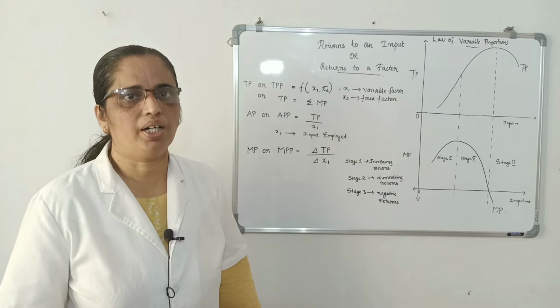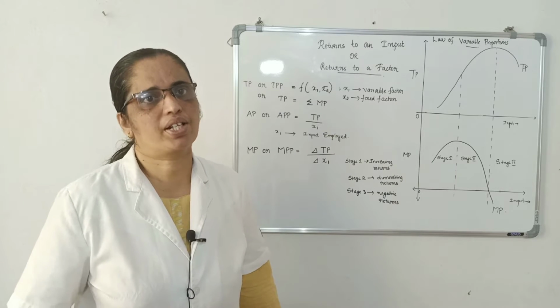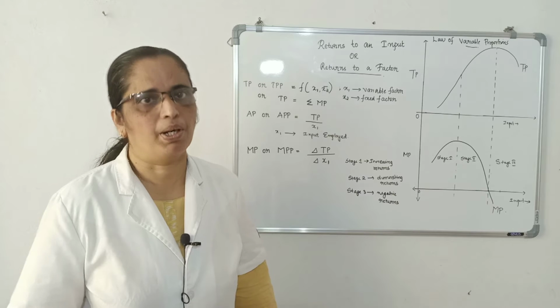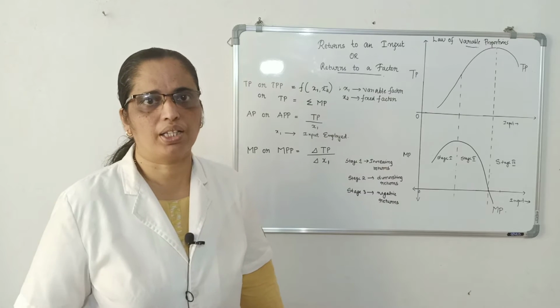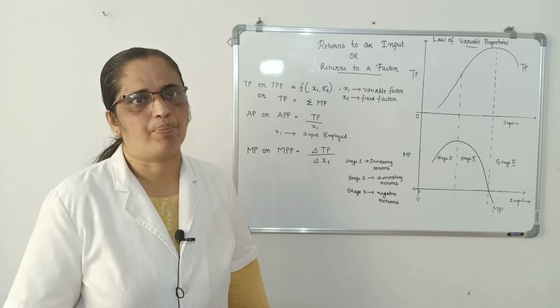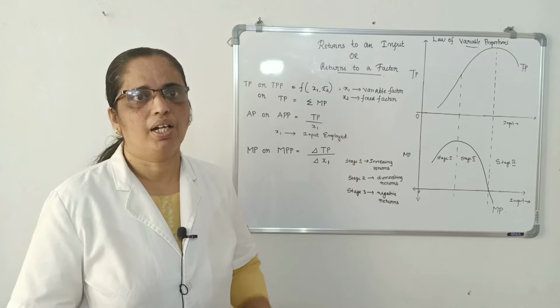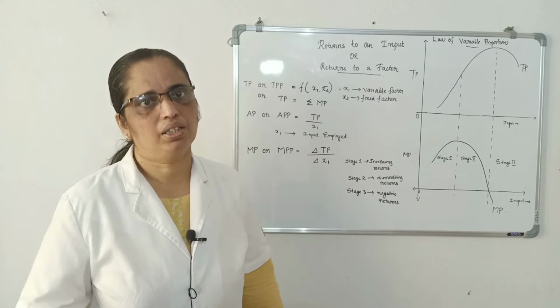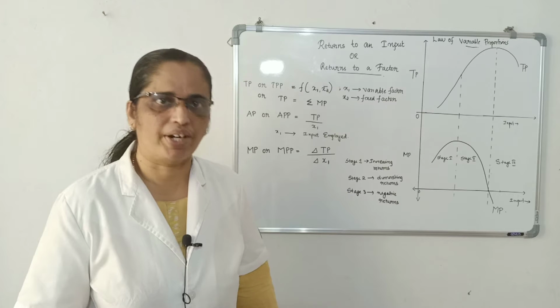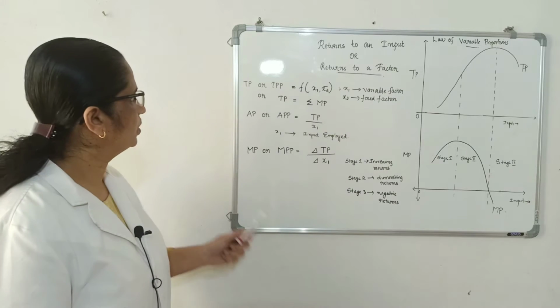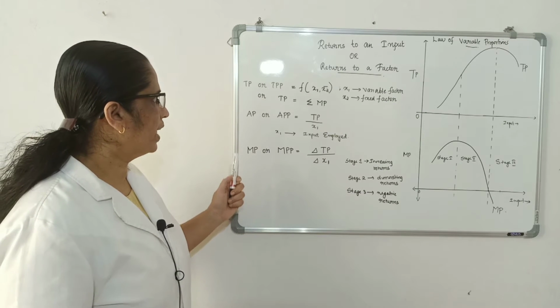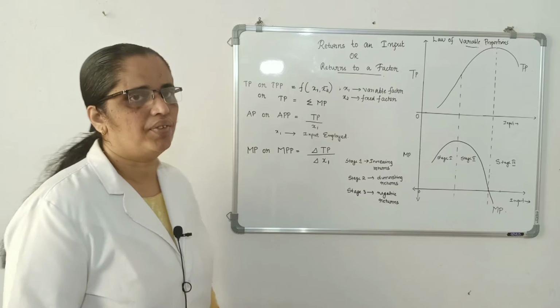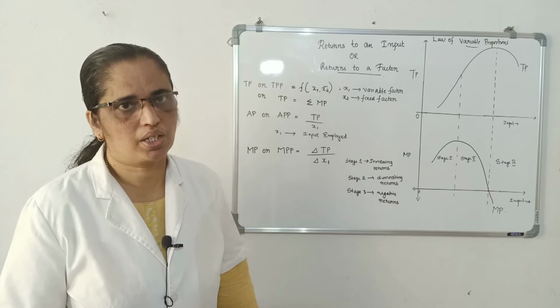You know, in the short run, some factors are fixed, others are variable. Suppose two inputs are there, labor and capital. You can take labor as a variable factor, capital as a fixed factor. Okay? So, here we have to study about the various productivity concepts.